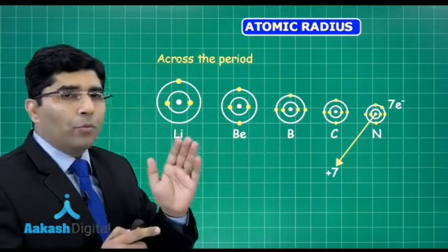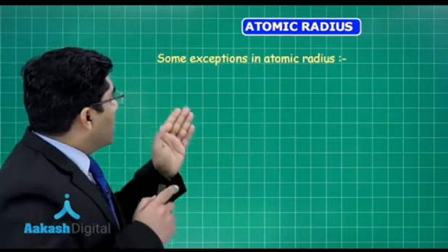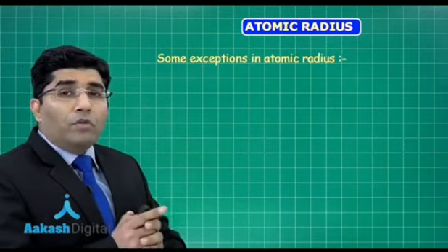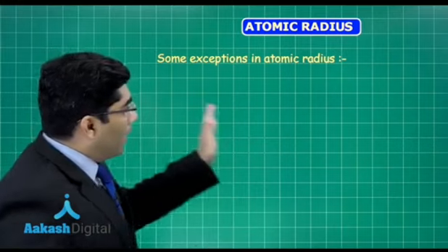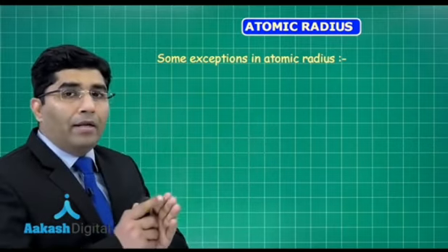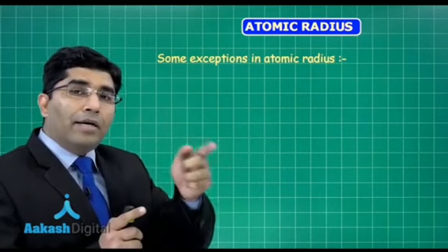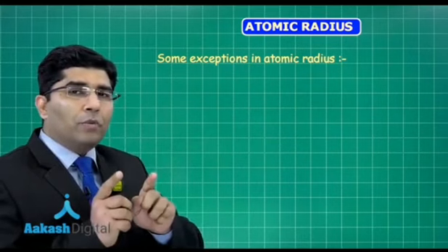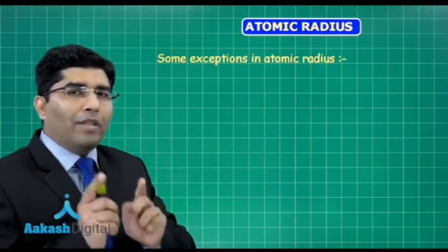So let's move ahead. Let's discuss some exceptions. Now guys, we all know that the radius of the atom keeps on decreasing across the period. And if it is so, then the radius of the noble gas should be the least. But it is not true in all cases. Why?